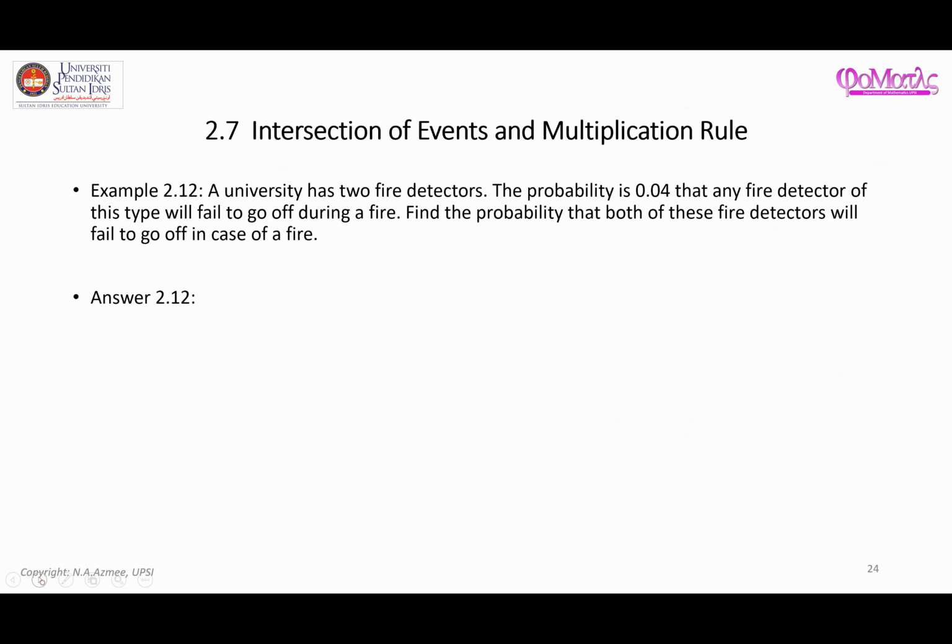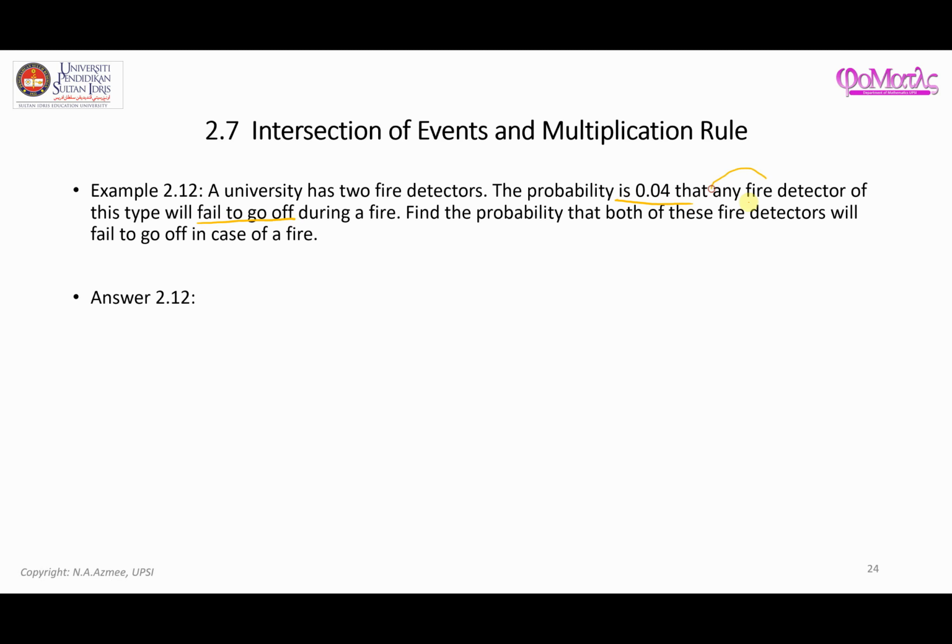All right, let's look at an example. A university has two fire detectors. The probability is 0.04 that any fire detector of this type will fail to go off during a fire.